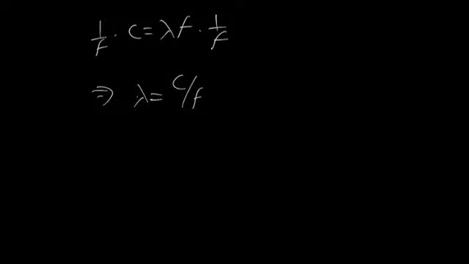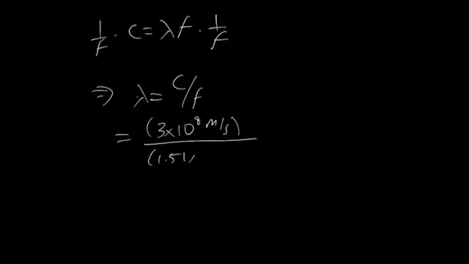We then plug in the values for the speed of light and frequency, and we get wavelength equals 1.99 times 10 to the negative fifth meters.